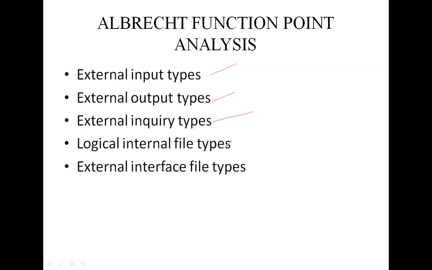Then we move to the logical internal file types. These are standing files used by the system. The term file does not sit easily with modern information systems, so it refers to a group of data that is usually accessed together.